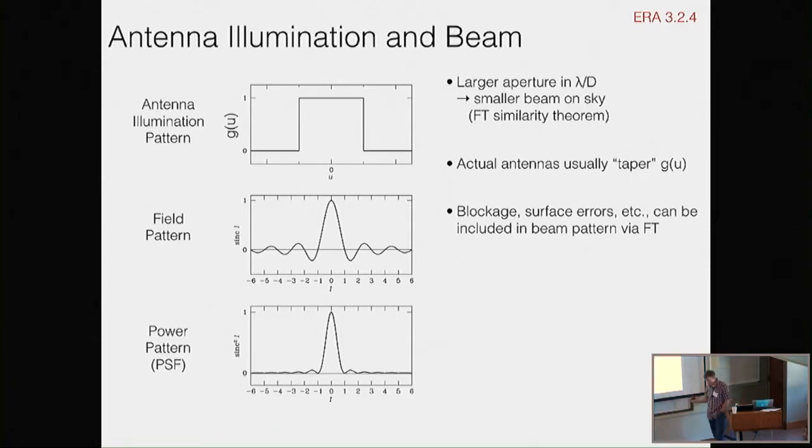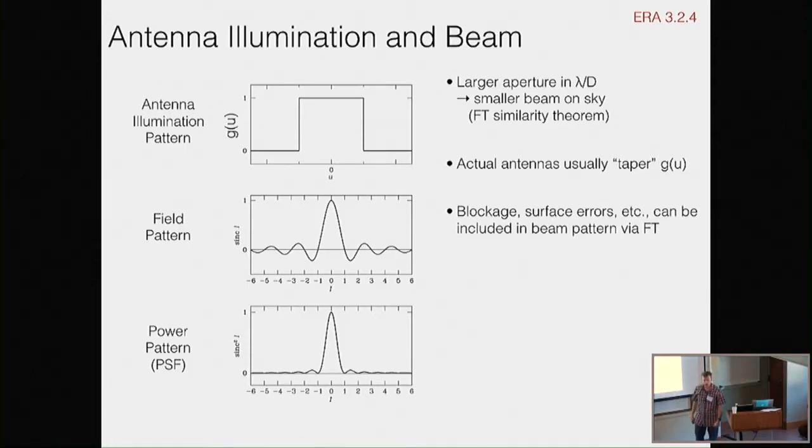But this is really useful because in radio astronomy we have much more complicated effects than just top hat illumination. In fact, we almost always taper the way we illuminate our antenna because it's nice to get light from the entire aperture, but it's not great to have light coming from past your aperture. So if you're fully sensitive to the edges of your dish, you're probably sensitive to some power beyond it.